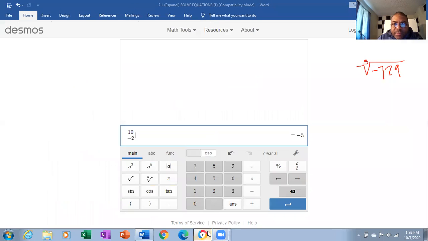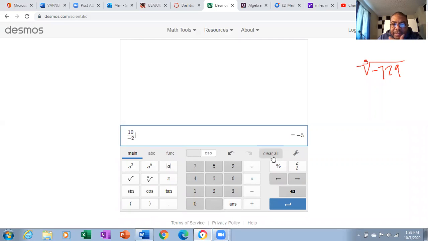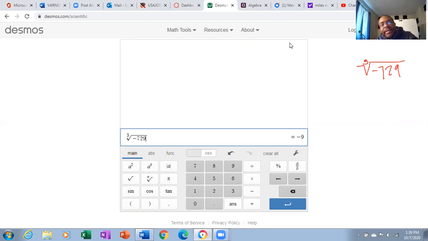So we'll go to decimals and we're going to type in this symbol, put in the index, put in the number under the radical sign, 729, and we have our number. You see how we did that?